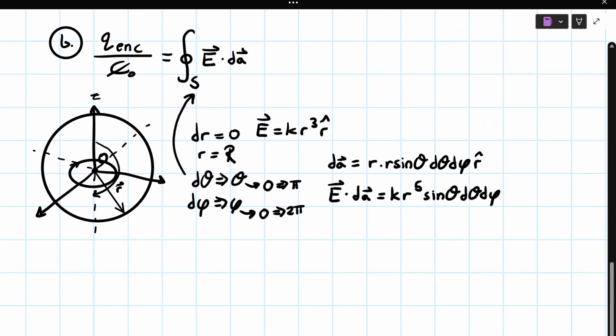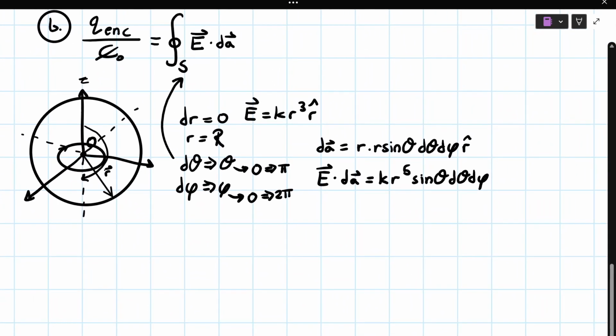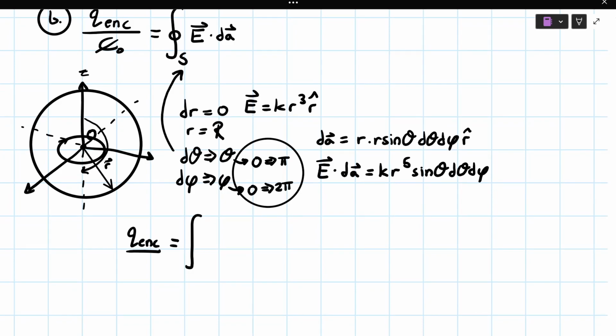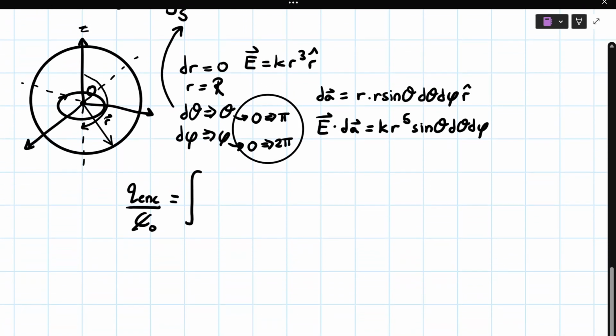And from here, all we have to do is put it on the surface integral using these limits of integration. And so we'll do that now, always remembering what we are setting this equal to. We are trying to find charge enclosed, but this integral is set equal to charge enclosed over the permittivity of free space, epsilon naught.